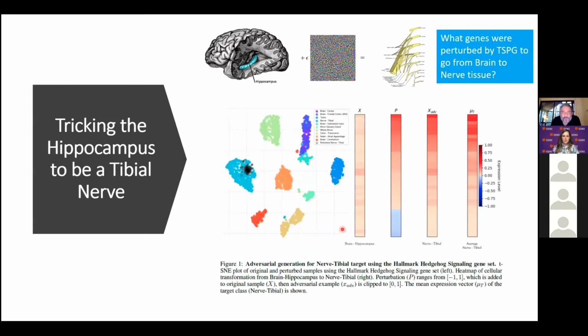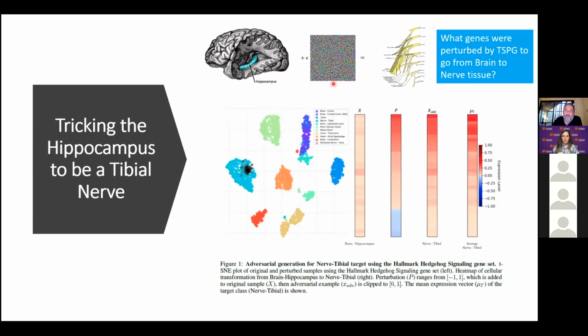And so we've been using some of these techniques, like Colin Targonsky here, who did this work, and Reed Bender, I think, is here too. They would use some of these techniques to learn how to trick one tissue to look like another tissue at the gene expression level.